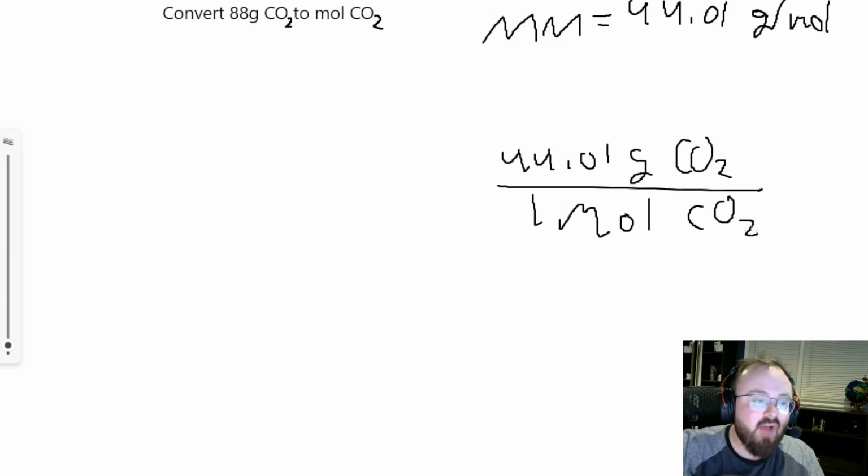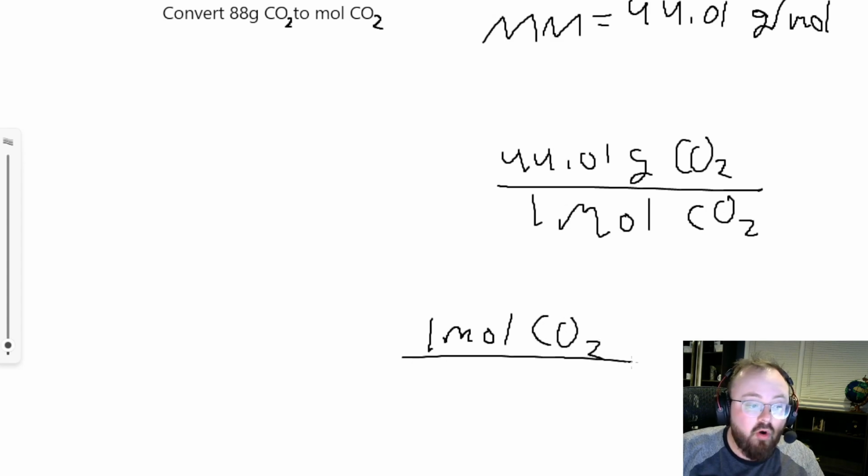And I'm specifying the grams of carbon dioxide because later when we start converting from one thing to another, just like our apples and oranges example we talked about earlier, we have to keep our compound stable. Because this is also a conversion factor, this can also be written in the opposite way too.